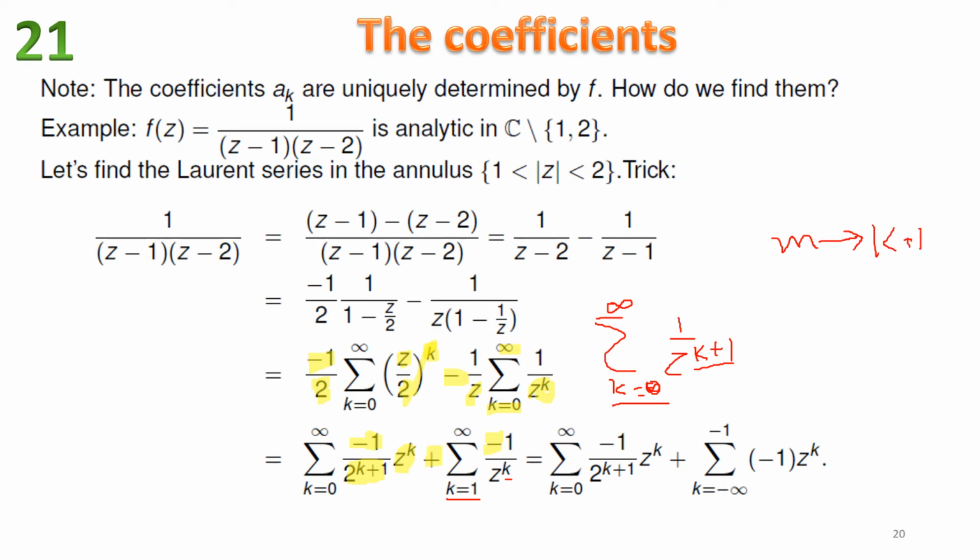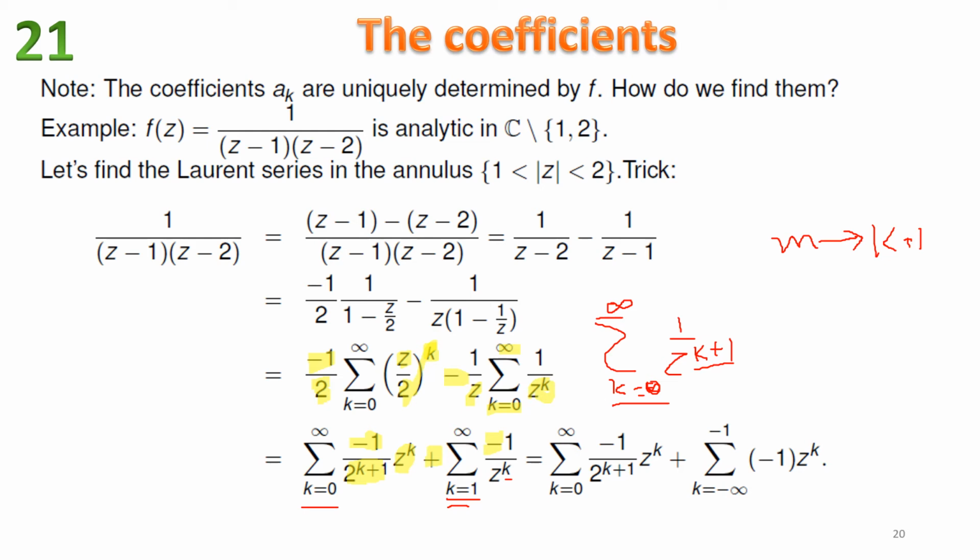And if you like to rewrite it in terms of k, then our summation is rolling from 1 to infinity. The earlier one was rolling from 0 to infinity.